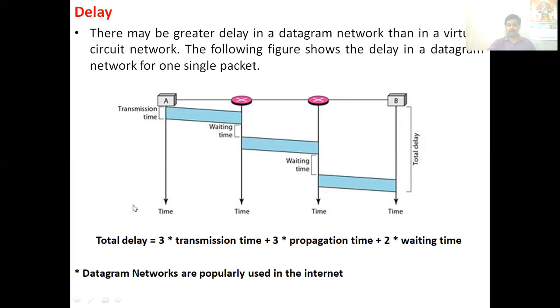So the total delay is 3 transmission times, 2 waiting times and 3 propagation times. This datagram network is used in the internet, whereas the circuit switched network is used in the telephone network.